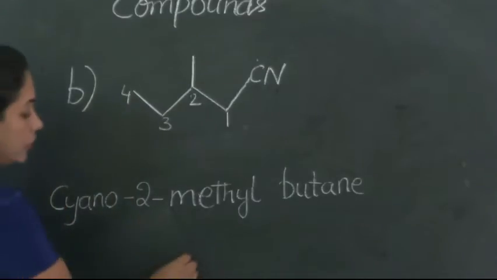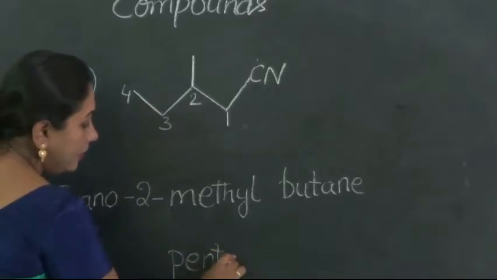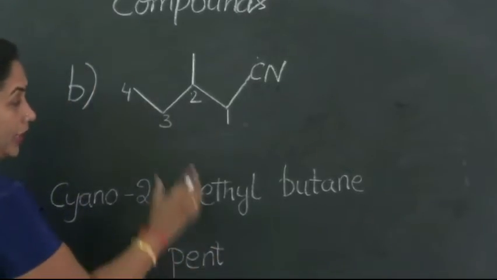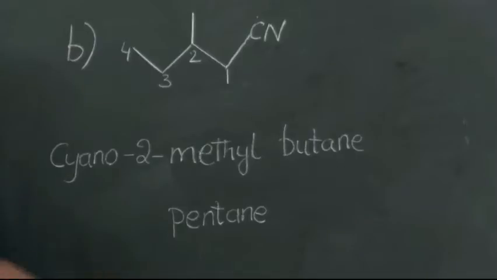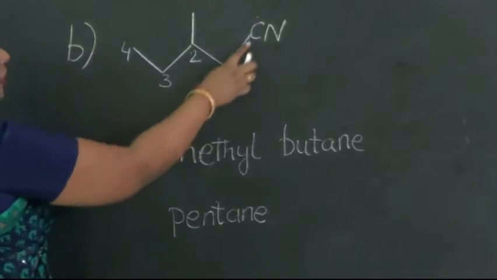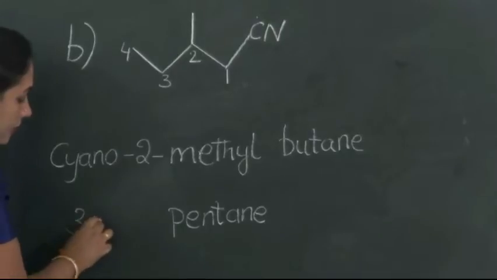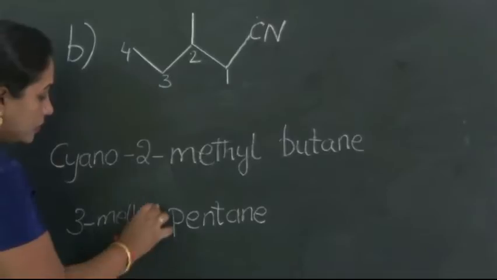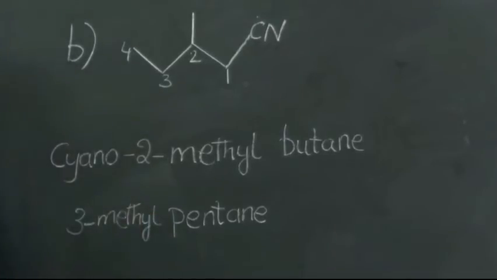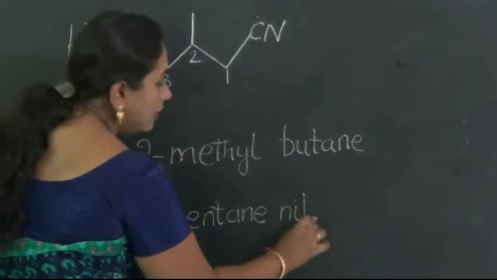So the root word to be used is pent, and ane because it is a saturated hydrocarbon. So pentane, what kind of pentane is it? So 1, 2, 3. For the third carbon atom, there is attachment of a methyl group. So therefore 3-methyl pentane nitrile.